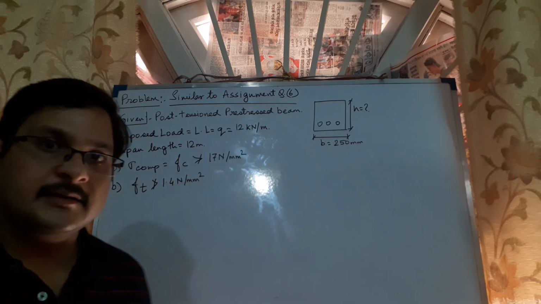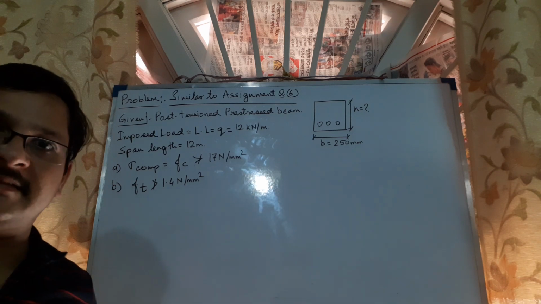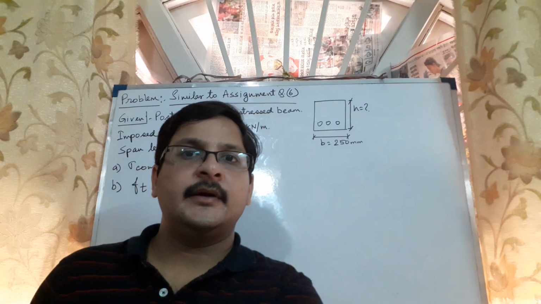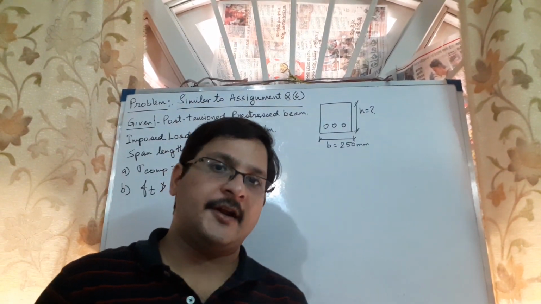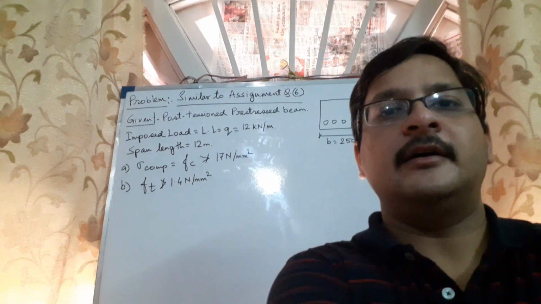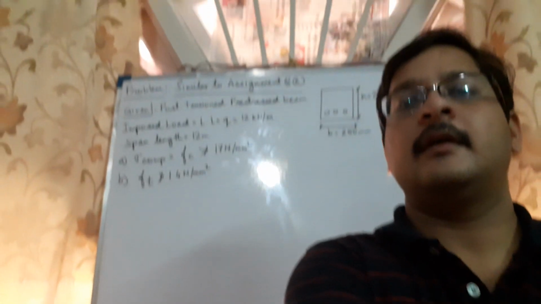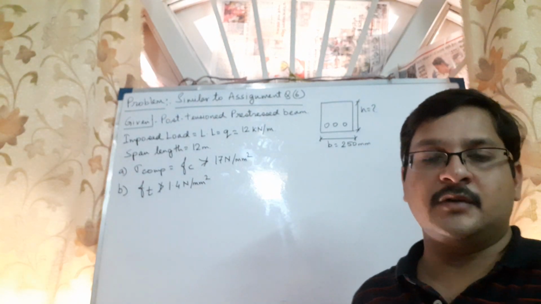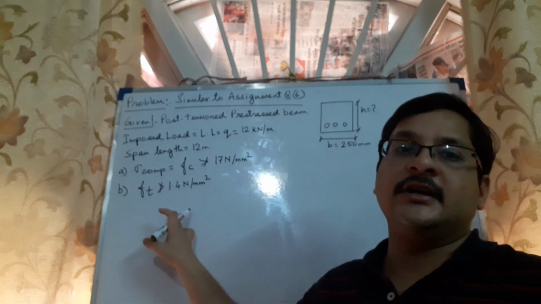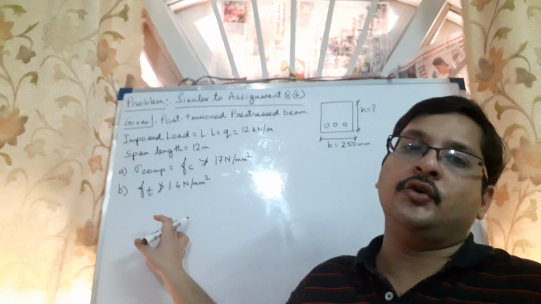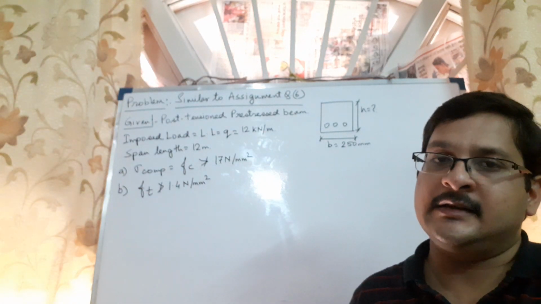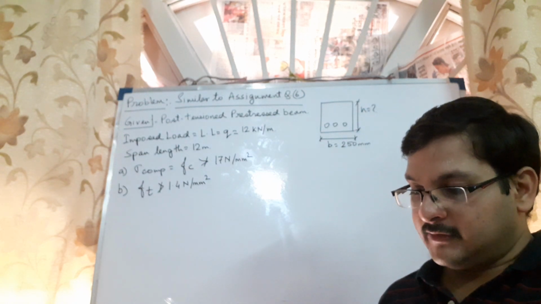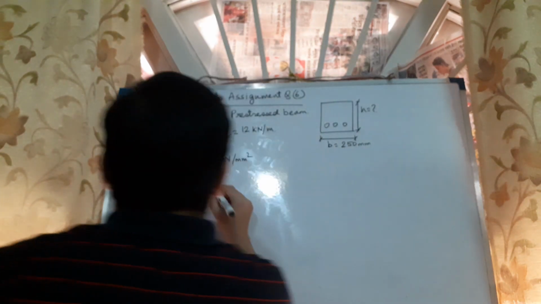The compression at any stage, that means at transfer and also at the working load stage, should not be more than 17 Newton per millimeter square, and the tension should not be more than 1.4 Newton per millimeter square at both these stages, the stage at transfer and the stage at working load.